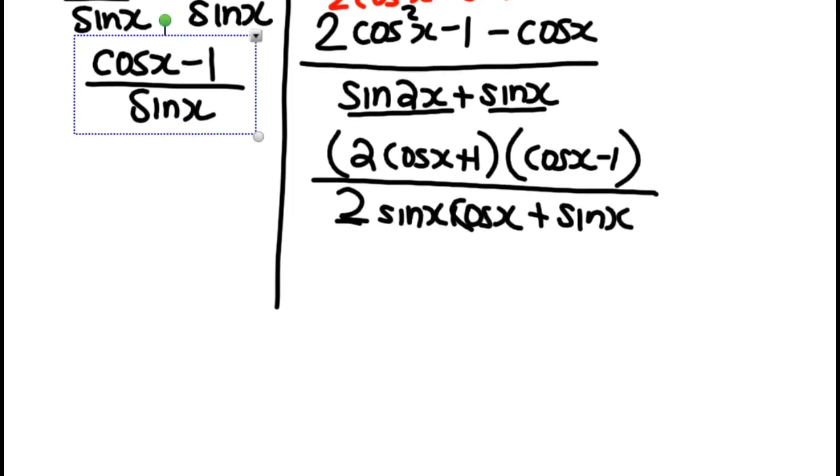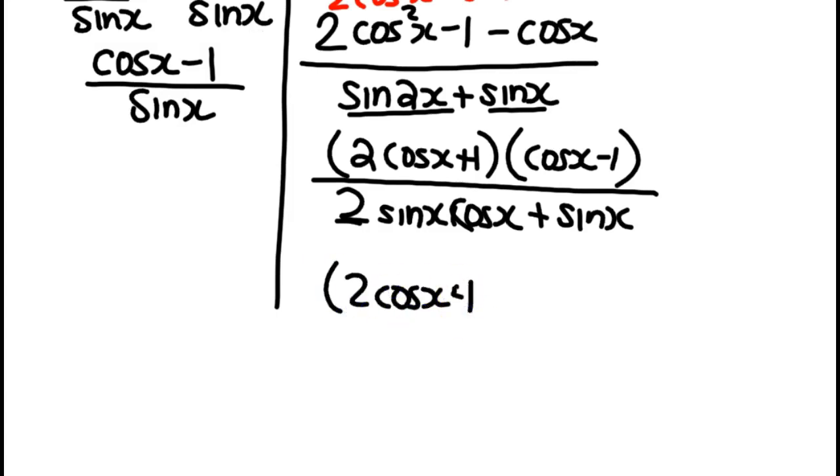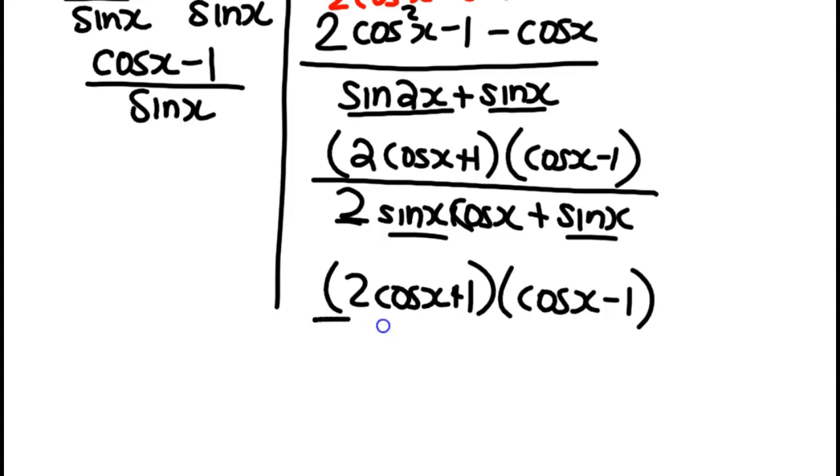Okay, so now I'm just going to leave the top for a second because it's already factored. And I'm going to look at the bottom because there's a sine here and a sine here. So I'm going to factor the sines out. So that means I'm going to put them on the outside, like divide out by sine on both pieces.